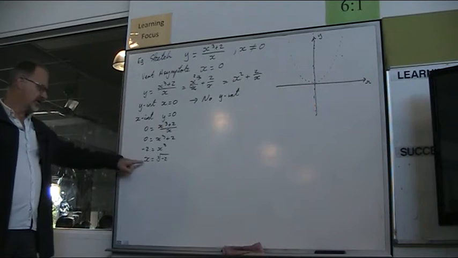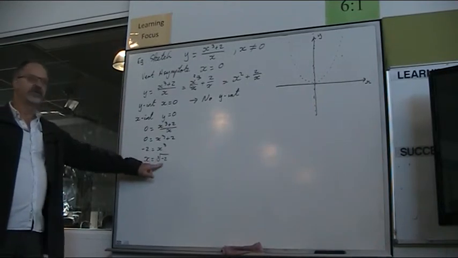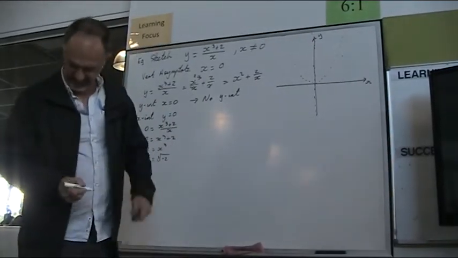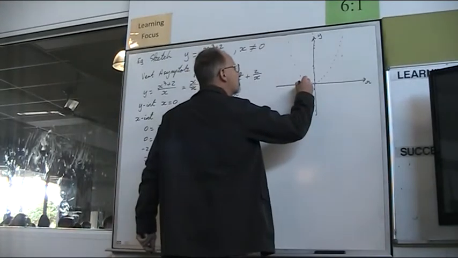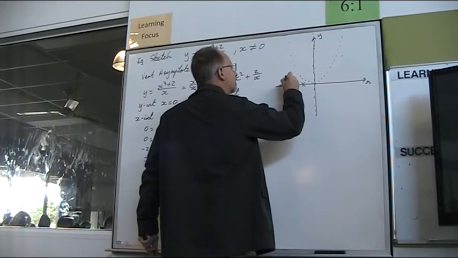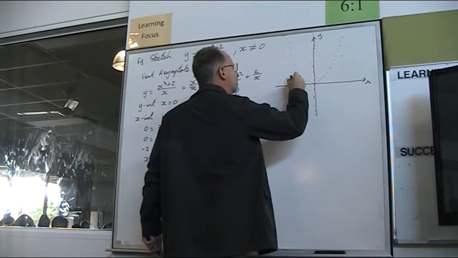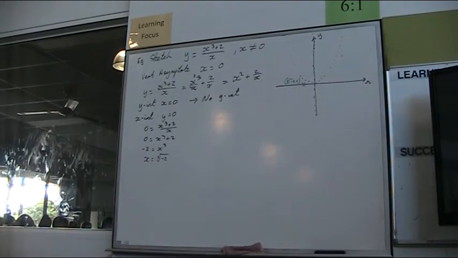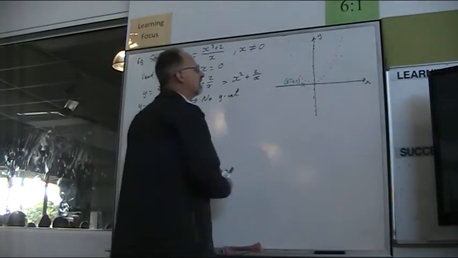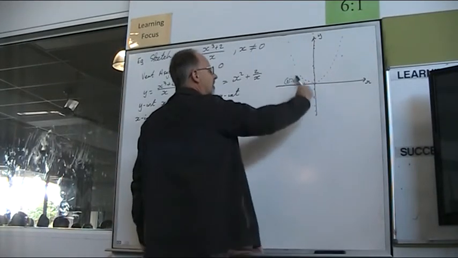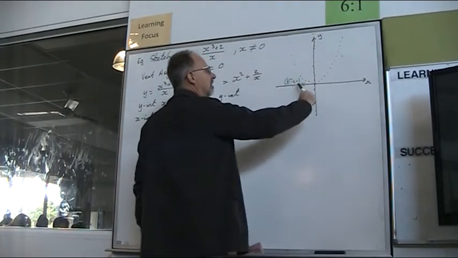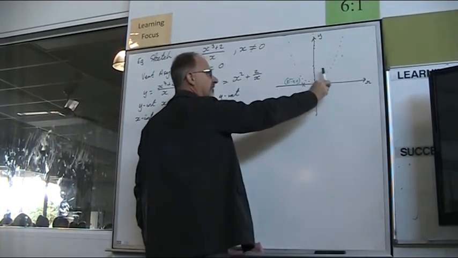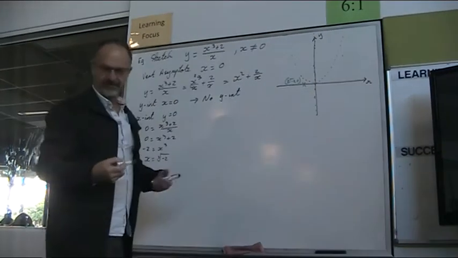We know we haven't got a y-intercept, but we've got an x-intercept at the cube root of -2. And so the cube root of -2 is about here somewhere. So that's the cube root of -2 and 0. Alright, so this might be going like that, for example. But over here we've got no information where the curve might go, so we need to find some other stuff.